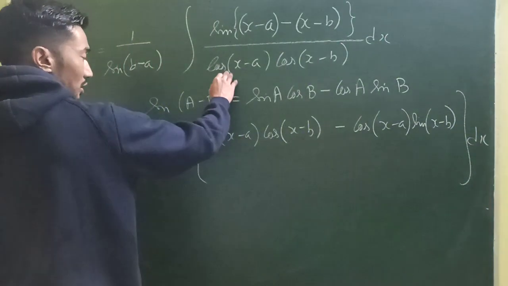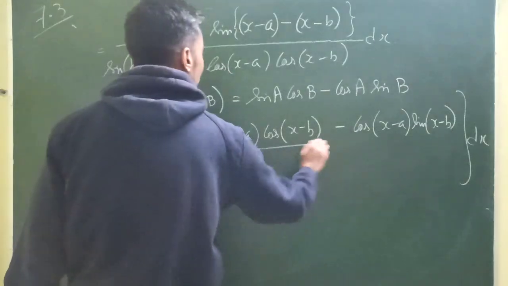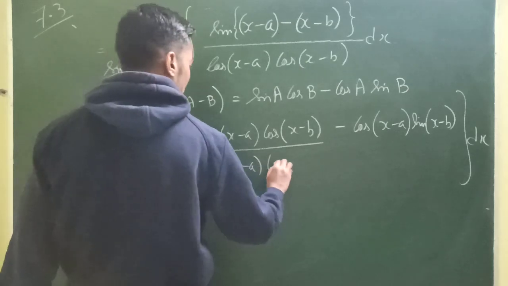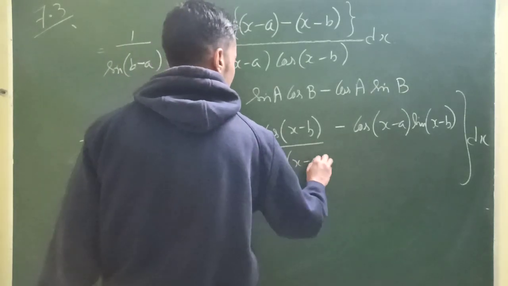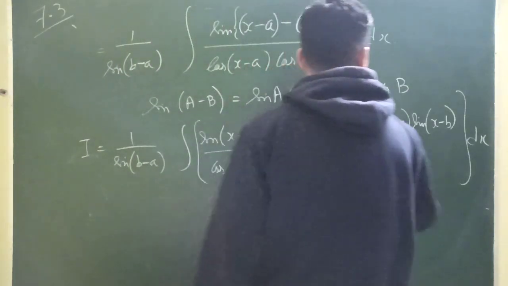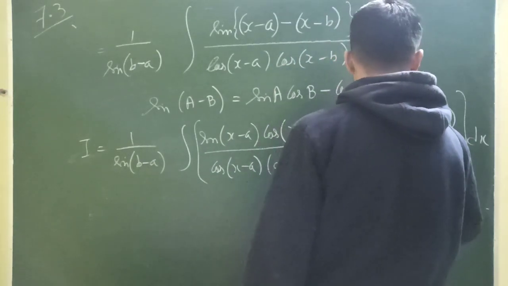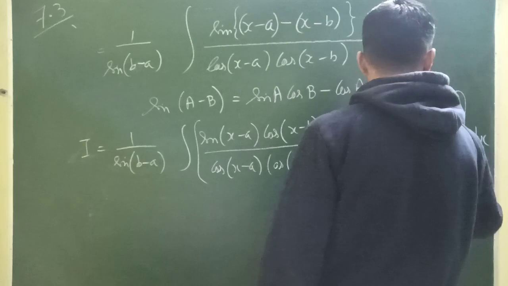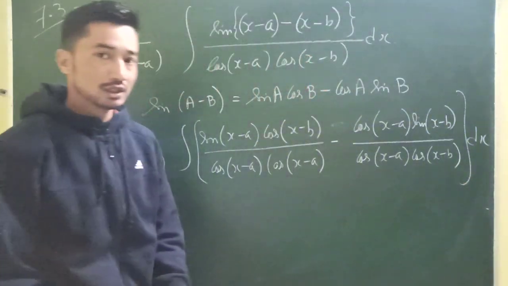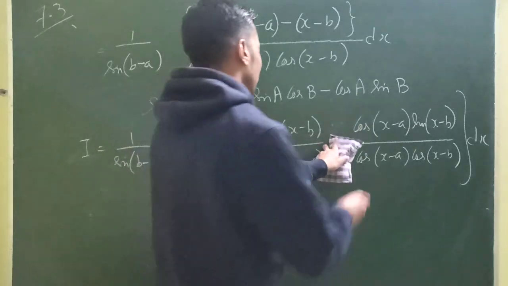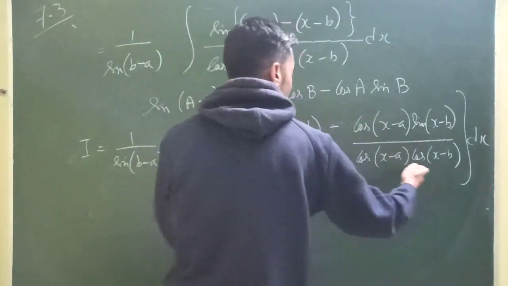Now this common denominator, to save some time and reduce some steps, I will just factorize here itself, okay? Minus cos x minus a cos x minus b. Got my point, no? Actually we should be writing all minus something divided by the common denominator.